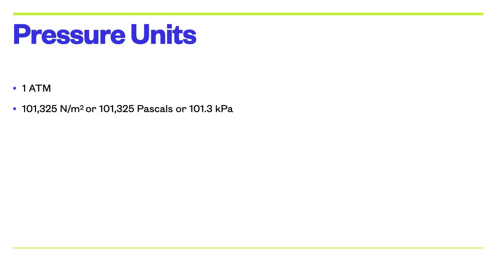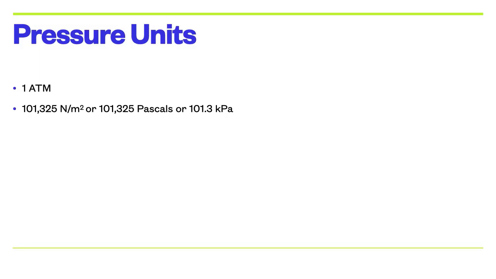Also, we tend to be lazy, and so remember we've talked about the prefixes that are used with units quite a bit. And here we use kilo. 101,325 pascals is the same thing as 101.3 kilopascals. So that is the most common way you'll see standard pressure described.